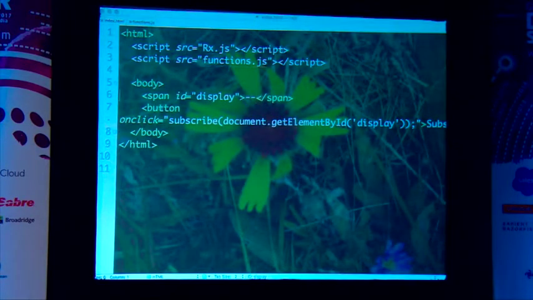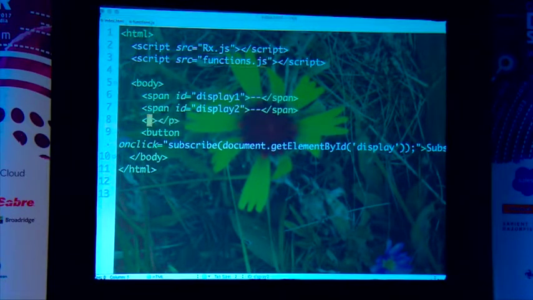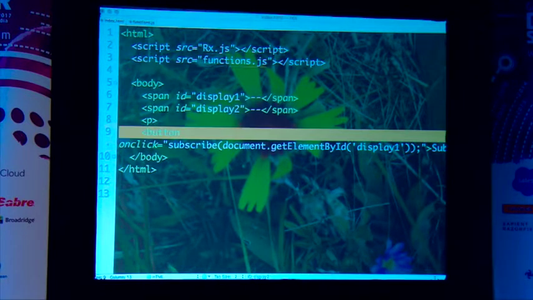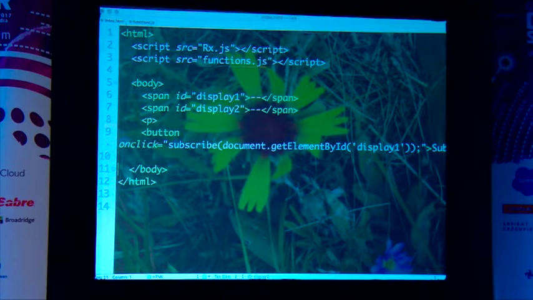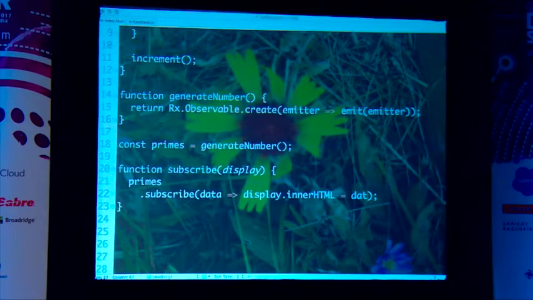But what I would like to do is something a little different. I'm going to create a display 1 and a display 2. But then what I'm going to do here is I'm going to send the display 1 to this first subscribe. I'm going to then send a display 2 to this subscribe. So I'm going to call the 2 displays. What am I going to do here?